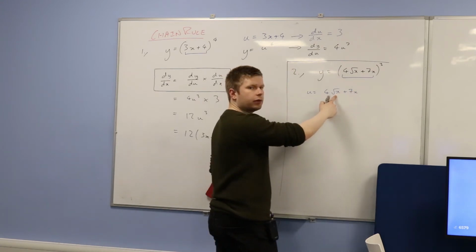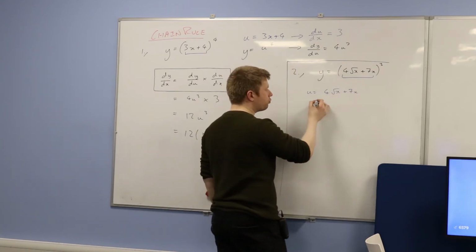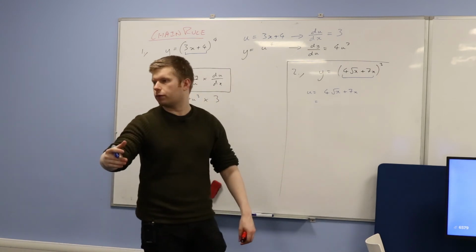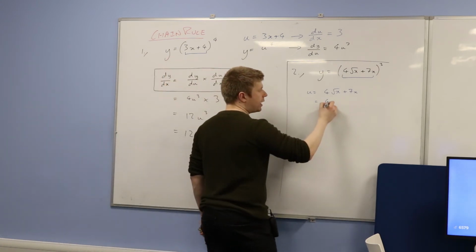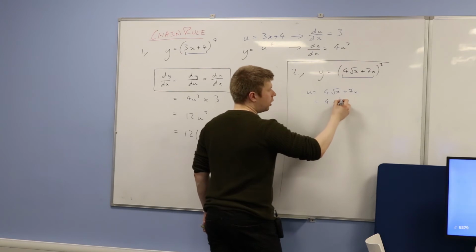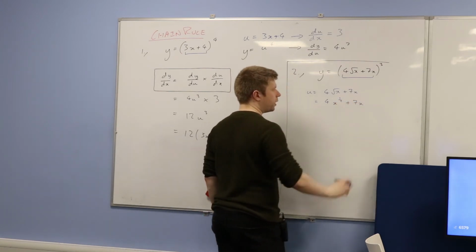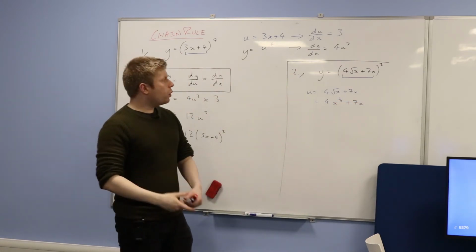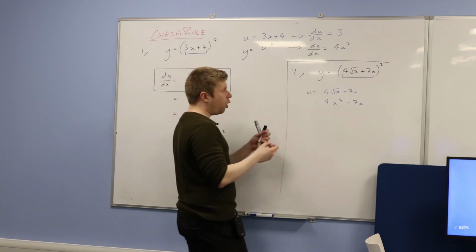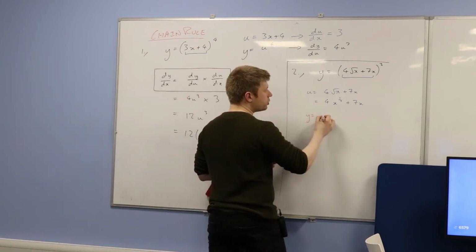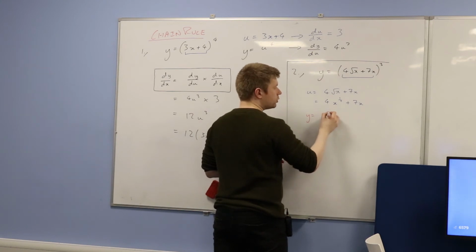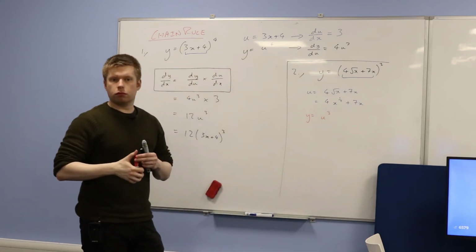Now, just because I don't know how to differentiate root x straight off, I need to rewrite it, so it's x to the power of something. So what would it be? 4x to the power of? 1 over 2. A half, good, plus 7x. Okay, that makes sense? Which then means my original function, y, is y equals, well, that thing becomes u, so u cubed. Is that okay?